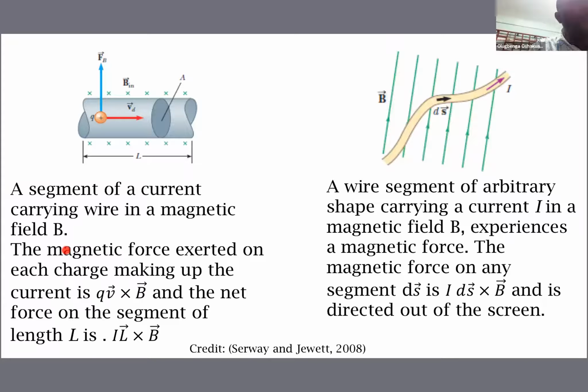The magnetic force exerted on each charge making up the current is, we've said this before, F_B equal to qv cross B. Magnetic force is a vector quantity, velocity is a vector quantity, and it is crossed with the magnetic field.